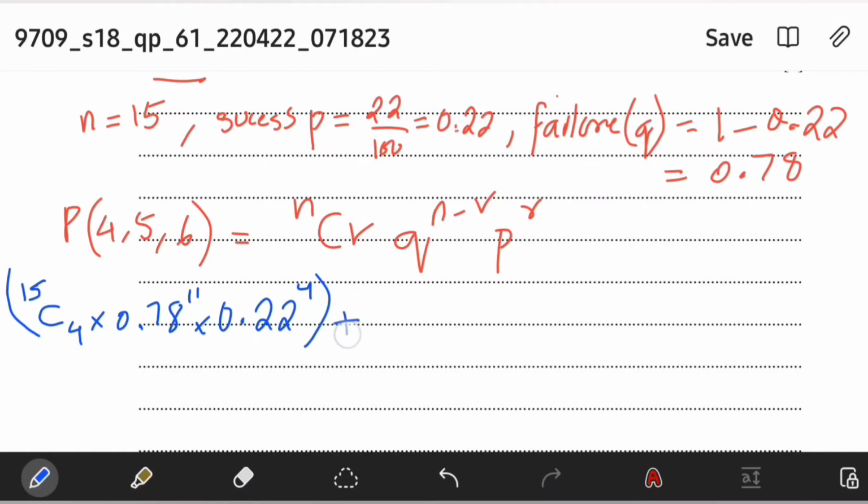plus, then we have the probability of 5, so 15C5 into 0.78 to the power of 10, and into 0.22 to the power of 5.